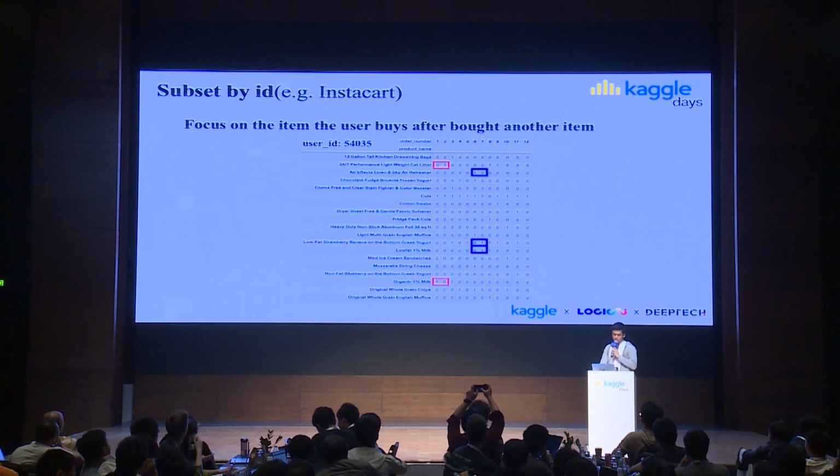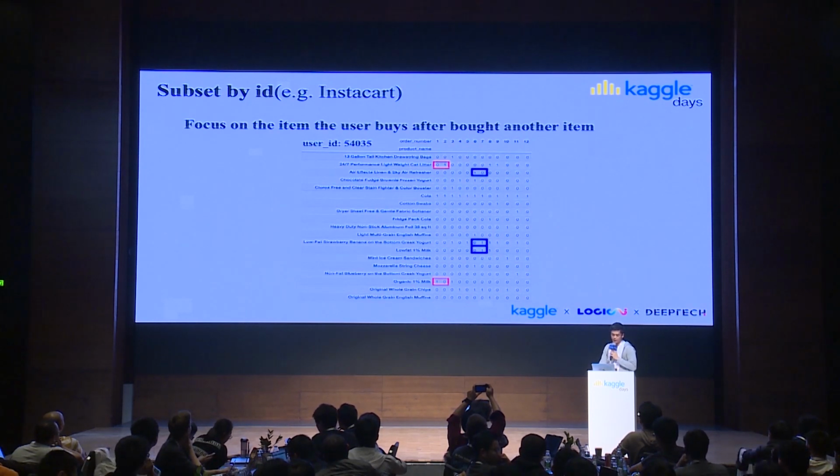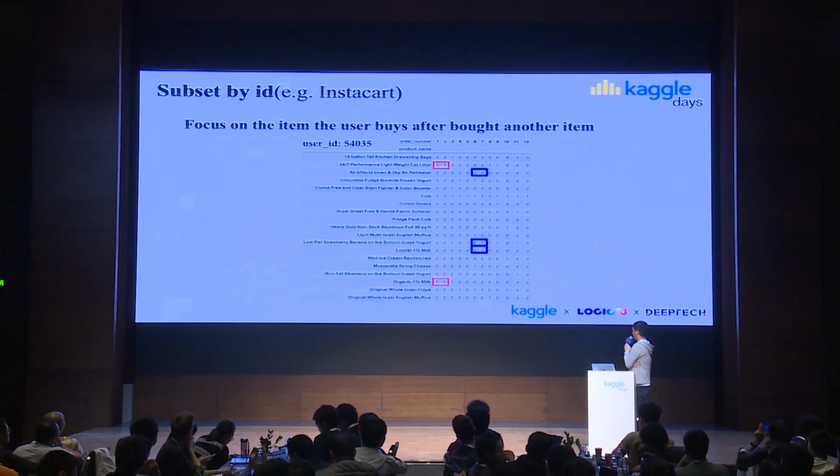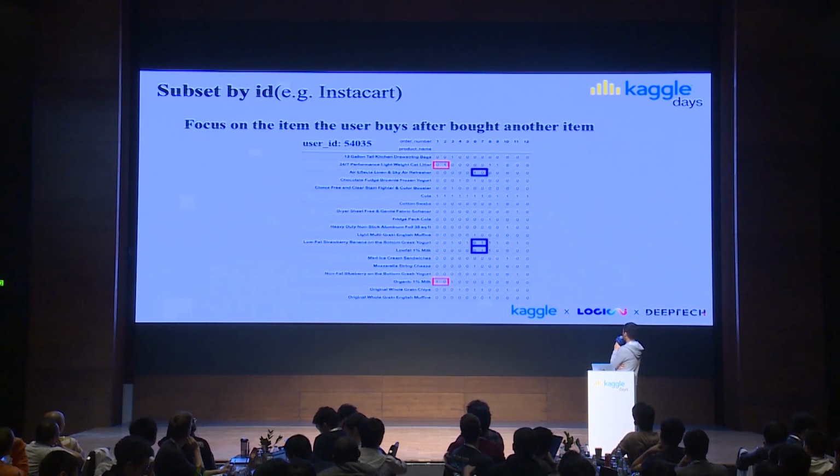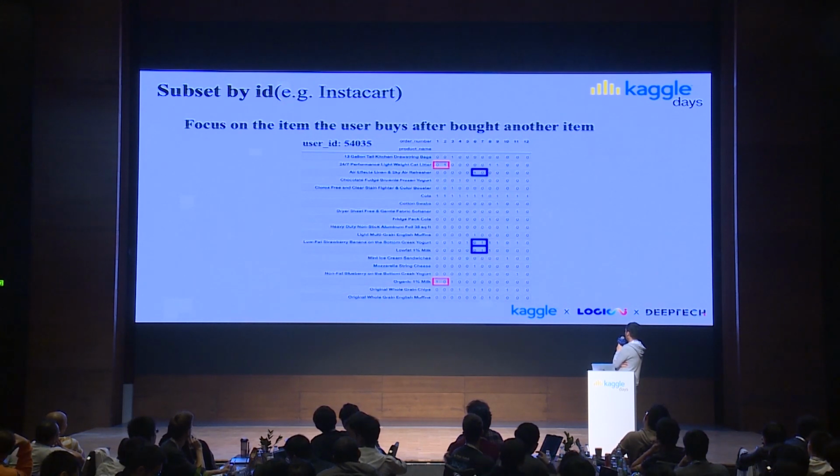Just focus on the item the user buys after buying other items. This algorithm is very simple. Just focus on 1 to 0 and 0 to 1. For example, this user ordered organic milk at order number 1, but at order number 2, this user did not order it.